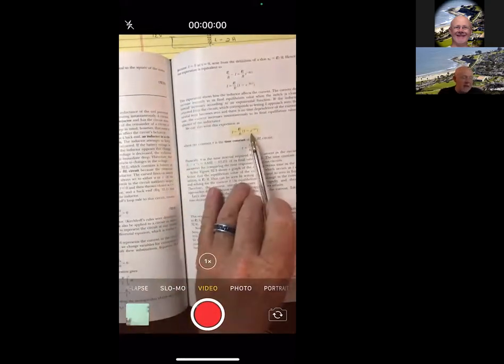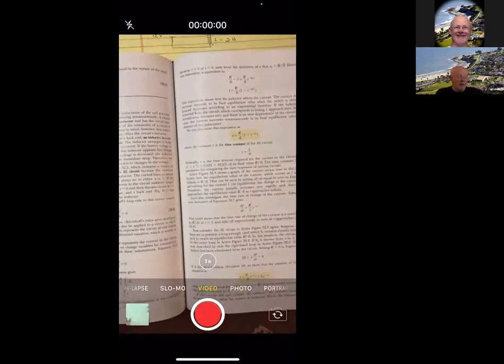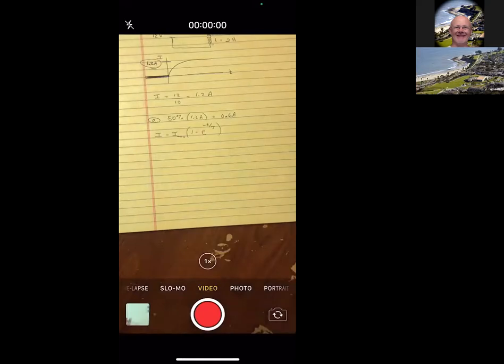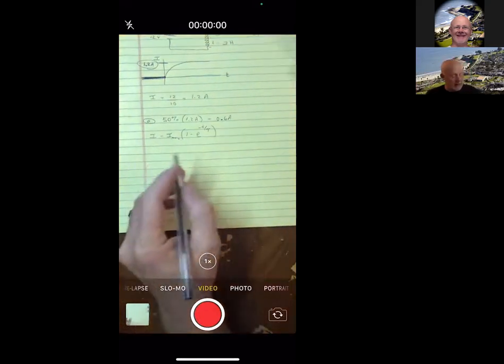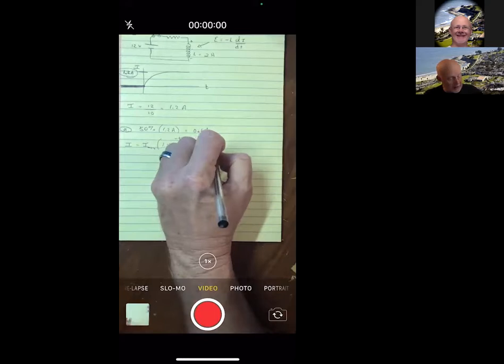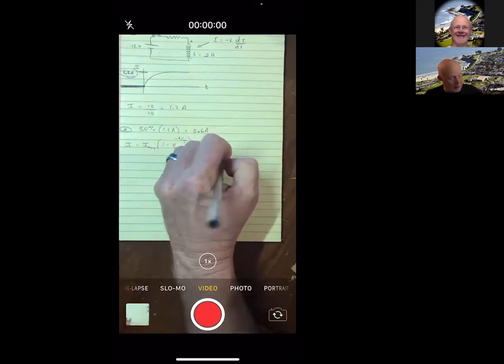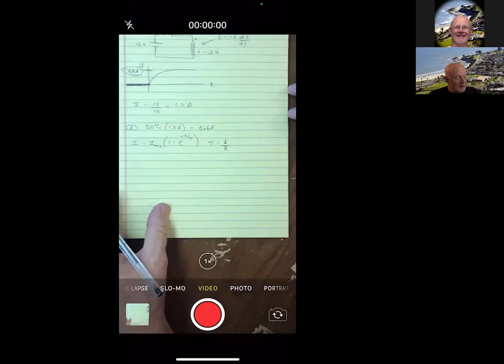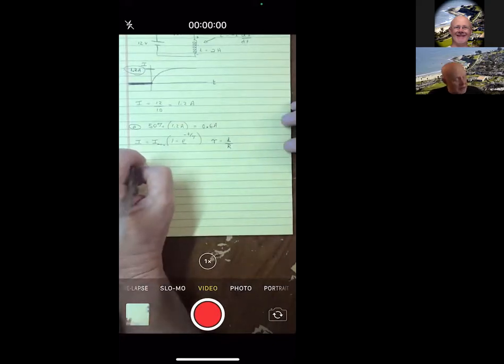In either case, this is what I'm trying to show you. Without re-deriving that, I'm going to start there and say, all right, here's my equation, with tau equaling L over R. Now I can put these numbers in.